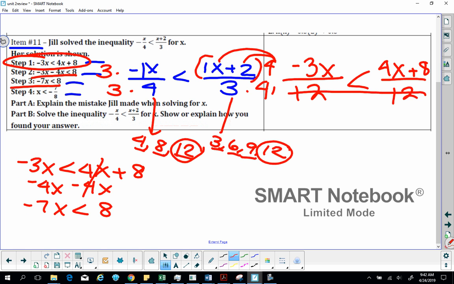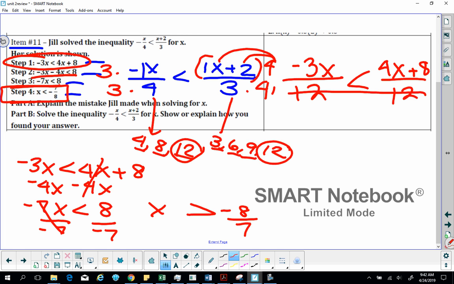What happens to my inequality sign when I divide by a negative? It flips, remember that? So when I divide by a negative coefficient, my sign flips. Page 3, come on. So now my sign's flipped, and I end up getting negative 8 over 7 is my answer. Is that what they got right here? Is that what they got as their answer? No.